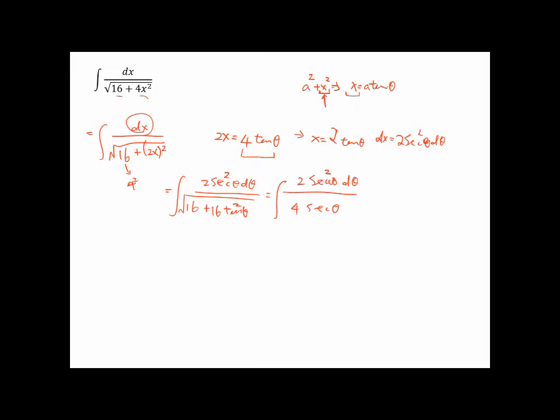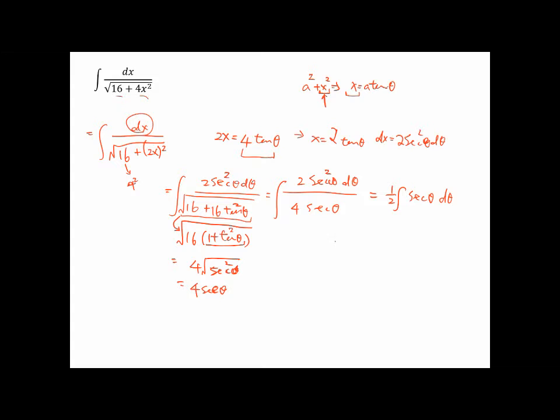Okay, so for this part, take 16 out, 1 plus tangent theta squared under the square root, right? I'm doing this, which equals 4 times the square root of secant theta squared. This is secant squared, and then 4 secant theta. So that is how it works, and I can simplify it. 1/2, take the constant out, secant theta d theta.